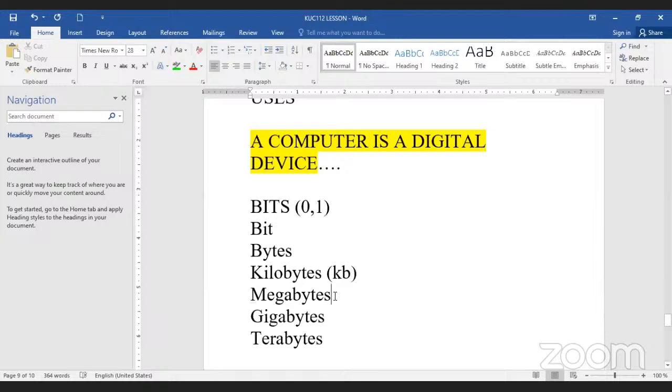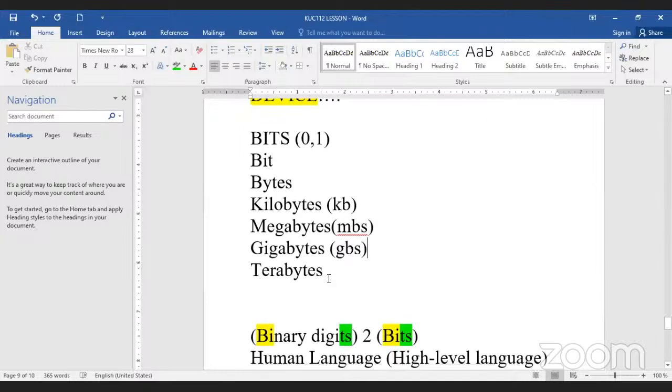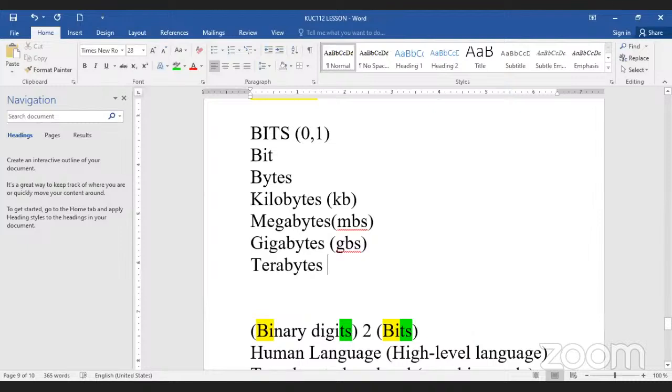Then MBs. Megabytes, some of you say that you are purchasing MBs. Gigabytes, you say that you are purchasing GBs, right? Then terabytes, you're purchasing TB.